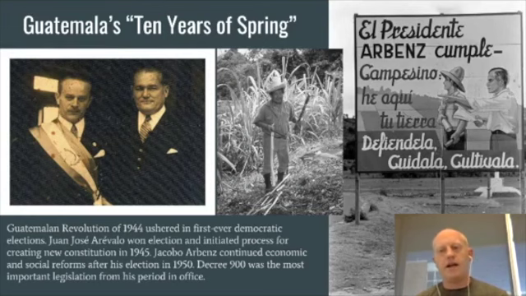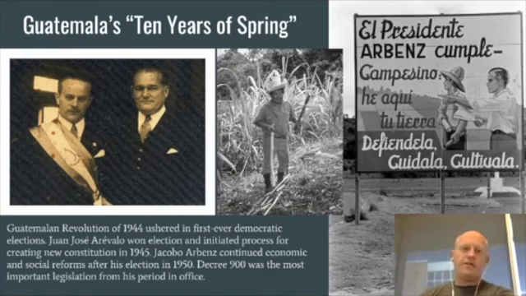And that's what the sign, this was a photograph from Life magazine, is talking about. This was up in the countryside in Guatemala in 1952-53, saying that President Arbenz has come through. He's kept his promises to rural laborers, and he is working to give land to those people so that they can have their own land that they can work on and become self-sufficient.